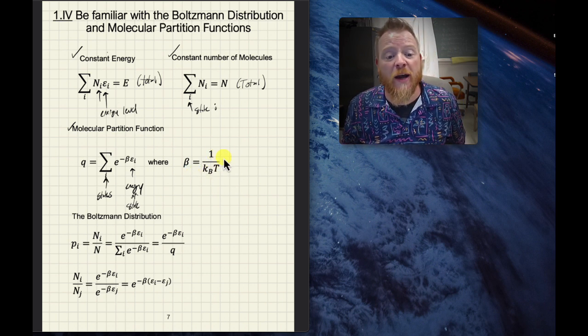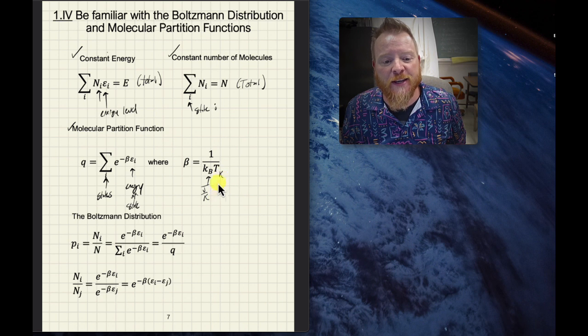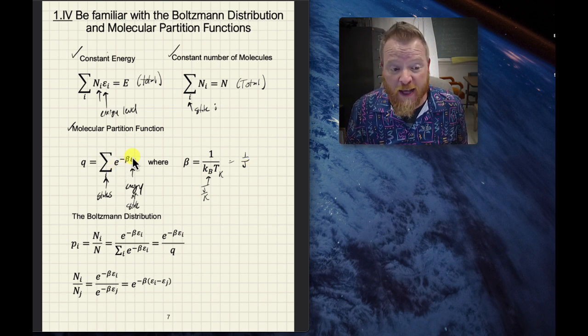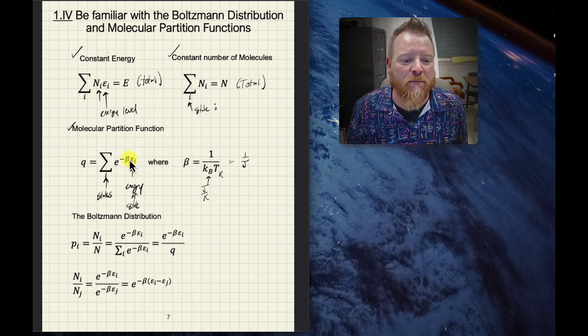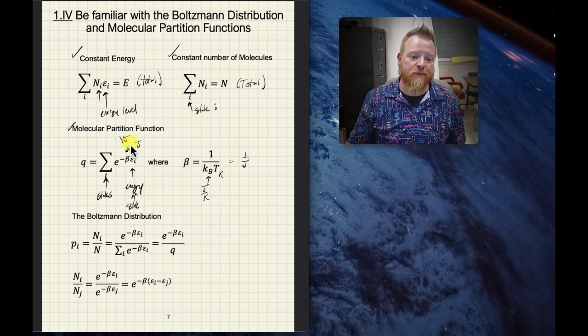Now, if you recall, the units of k_Boltzmann are joules per kelvin. Temperature is in kelvin. So this gives me a unit of 1 over joule. In order to use an exponential in a calculation, it has to be unitless. So that means if my beta is calculated in units of 1 over joules, the energy of my individual state has to be in joules to make those units cancel.